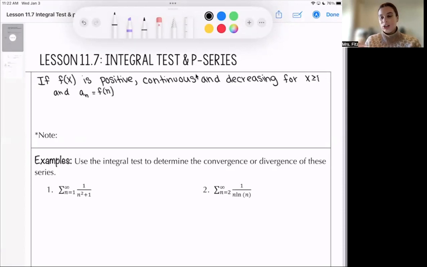So essentially, your function f of x is coming from the rule that is generating your series, right? And then we hold these to be true.